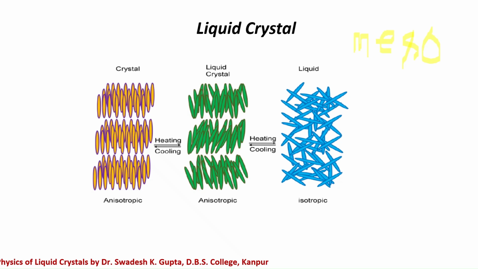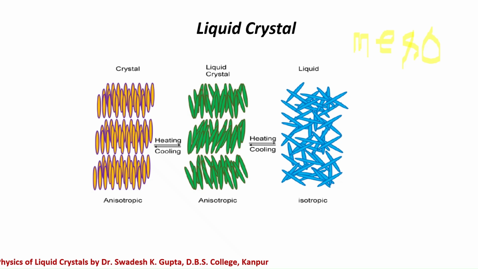In a crystal, the molecules are perfectly aligned in a single direction, while in a liquid crystal they are not perfectly aligned. So they have order and they also have some fluidity, and that fluidity causes the molecules to orient along a single direction but not perfectly aligned to that direction.